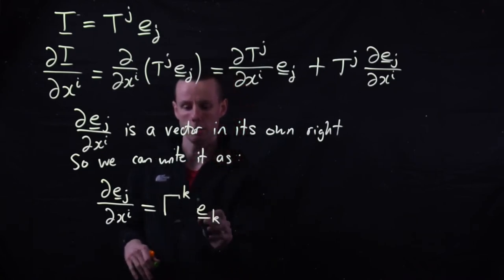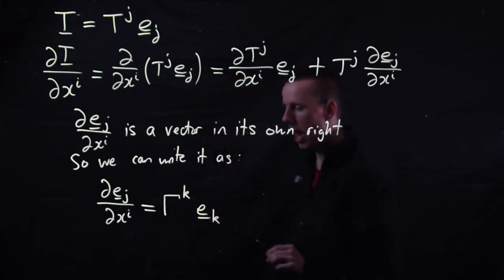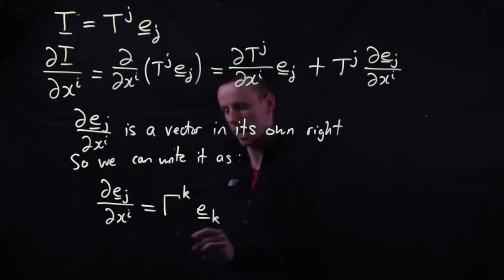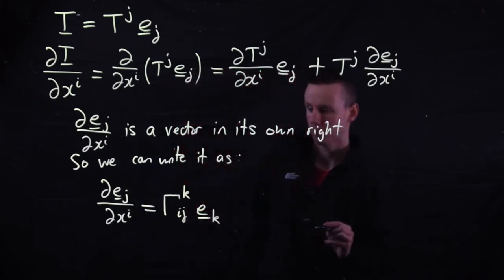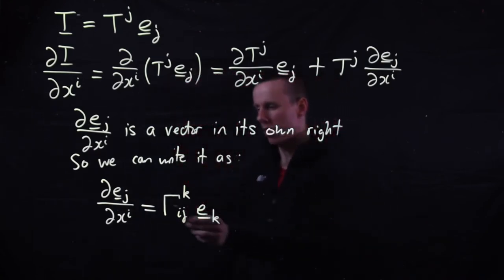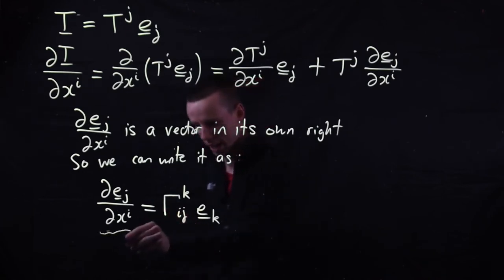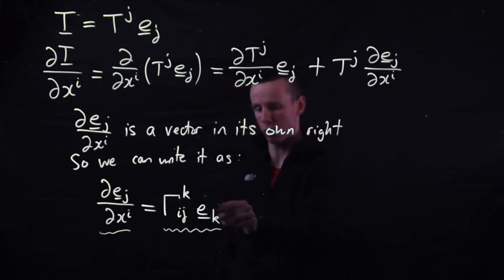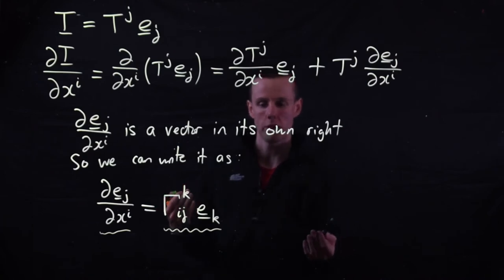So sum over k, once again, Einstein summation convention. And because on the left-hand side I have two downstairs indices, i and j, I will also put i and j here. So this is a vector in its own right, and this is just this vector written as an expansion over the basis vectors. So sum over k, and these gammas are just the expansion coefficients, that's all they are.